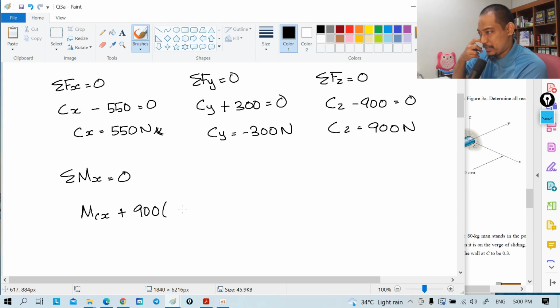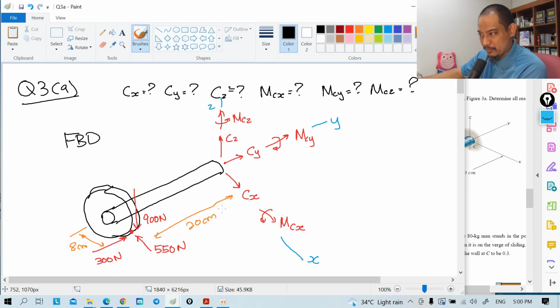Are we using cm here? Normally we use either mm or m, right? So let's convert. To convert to meter, it becomes 0.02 meter, and this one becomes 0.008 meter? Is it correct?